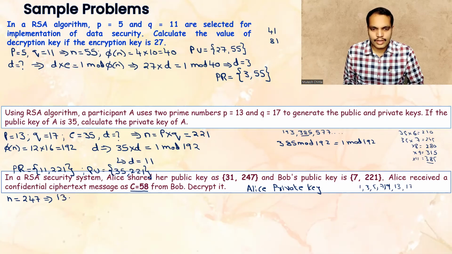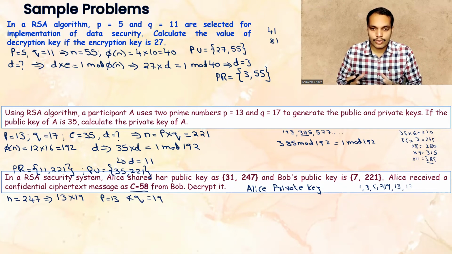If you divide 247 by 13, you get 19. So the two prime factors are P equal to 13 and Q equal to 19.